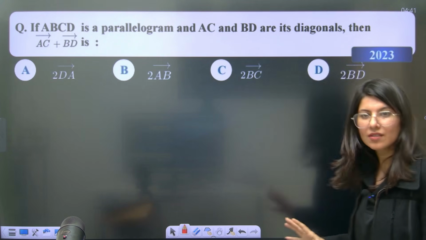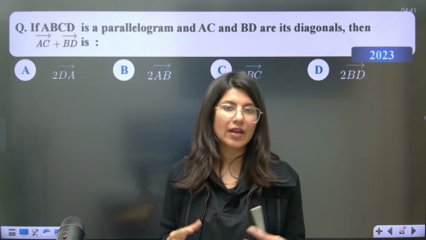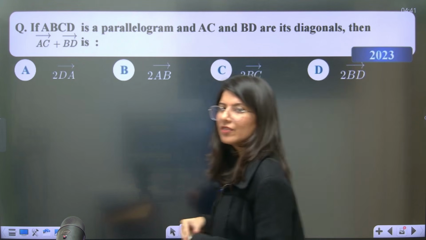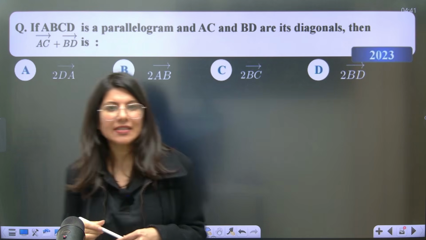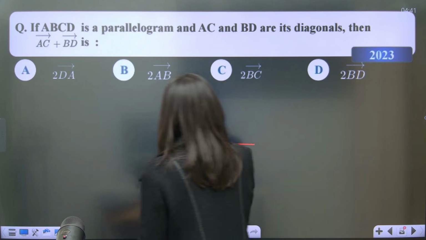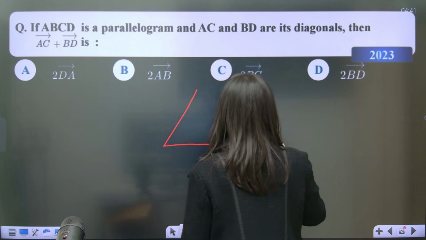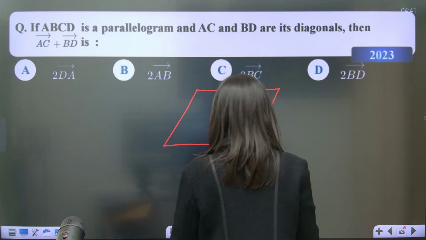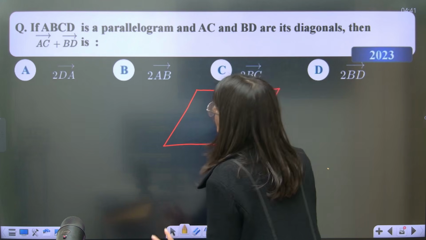So let us just understand the parallelogram, triangle law, how to apply it in questions with the help of this MCQ. ABCD is a parallelogram. So let me just draw a parallelogram. This is very important for parallelogram, not just for this question, but for any question related to parallelogram. This diagram is important to understand.